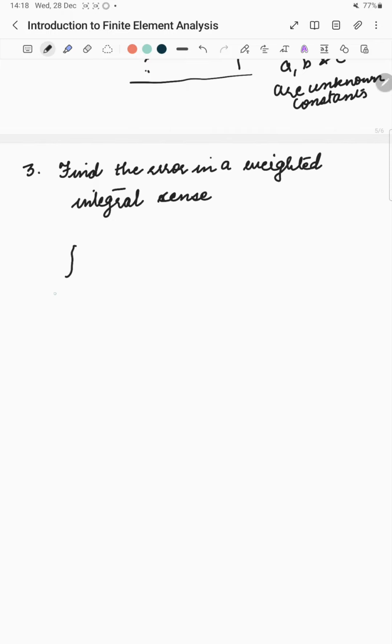That is, error into any weight function and integration of this term over the domain, and then we have to equate it to 0.